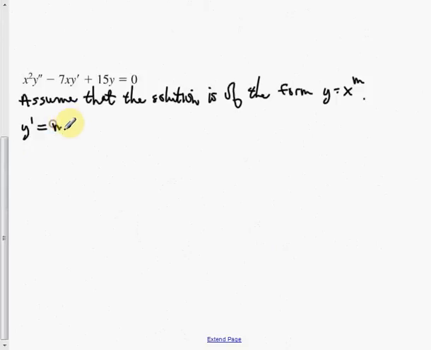This is going to be m times x to the m minus 1. If you have y equal to x squared, what's the derivative of x squared? 2 times x to the 2 minus 1. We don't know what m is, so we have to write that m minus 1 up there as an exponent. And then y double prime is m times m minus 1 times x to the m minus 2.